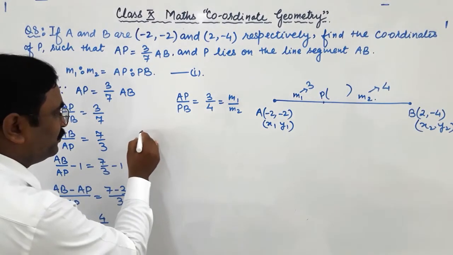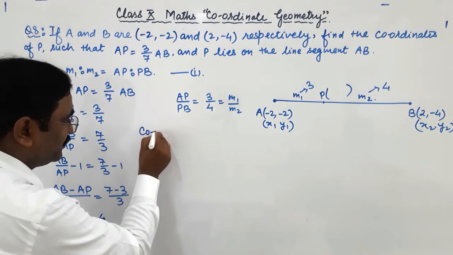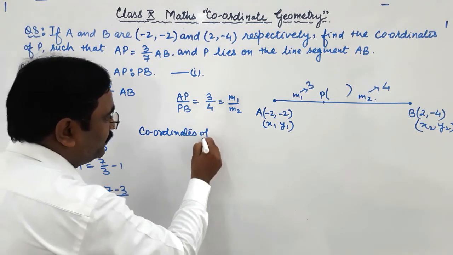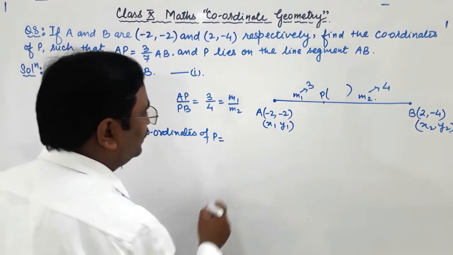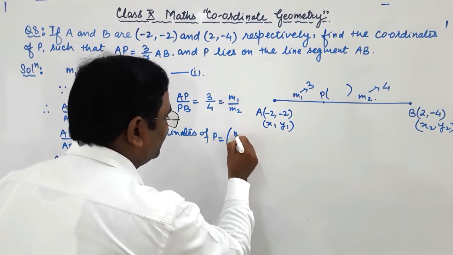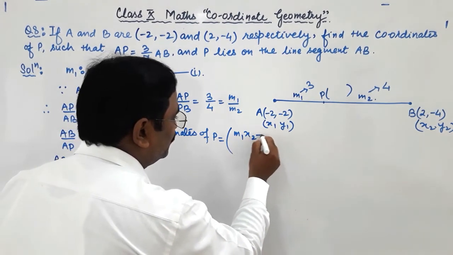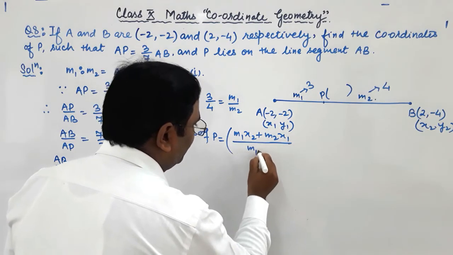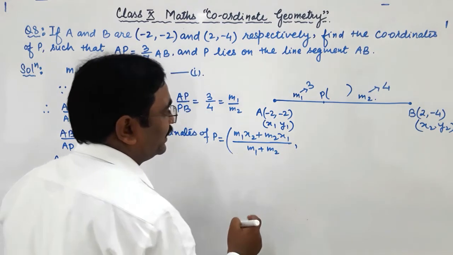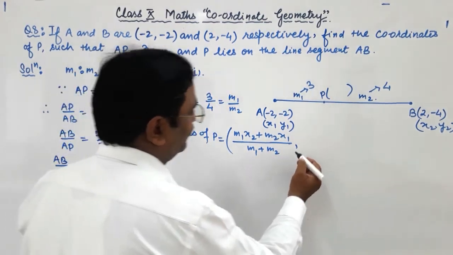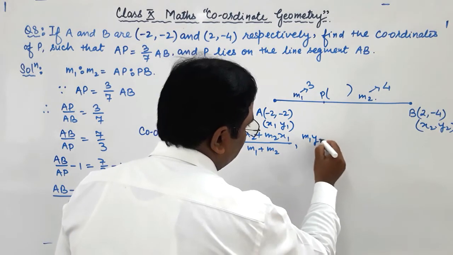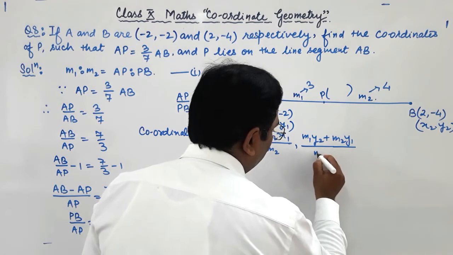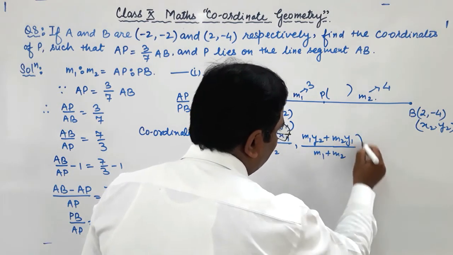So the coordinates of P will be the formula, that section formula, (m1 x2 plus m2 x1) upon (m1 plus m2), and (m1 y2 plus m2 y1) upon (m1 plus m2).